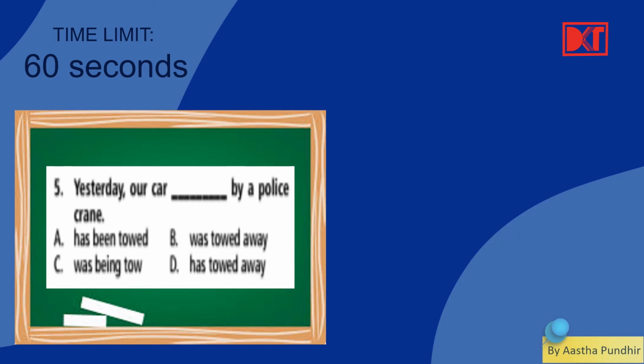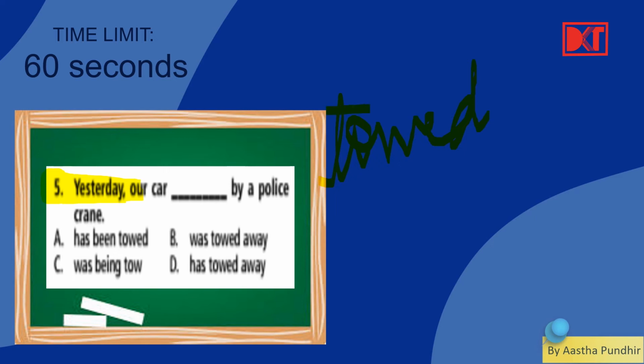Okay, now the next one we have: yesterday a car dashed by a police train. Has been towed, was towed away, was being towed, or has towed away. First of all, you see yesterday, which shows that this action was done in the past. And then we have to use the V3 form, which is towed, T-O-W-E-D.